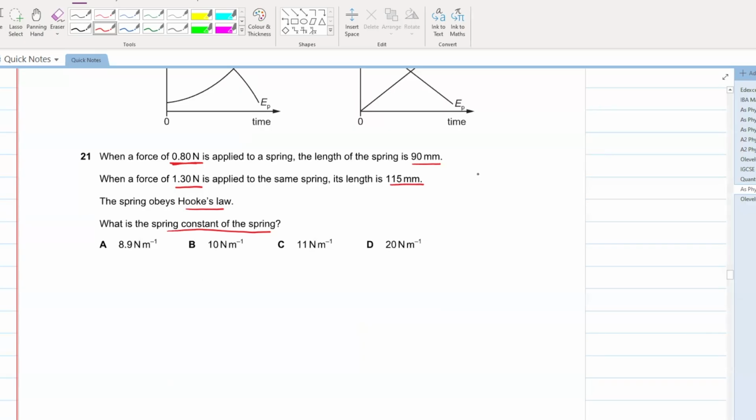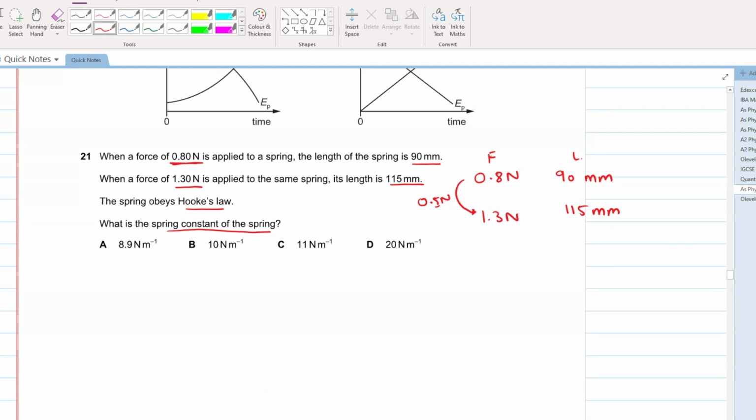If you apply a 0.8 Newton force, your length of the spring is 90 millimeter. If you apply 1.3 Newton force, your length of the spring is 115 millimeter. How much has the force increased from 0.8 to 1.3? 0.5 Newton. Simple.